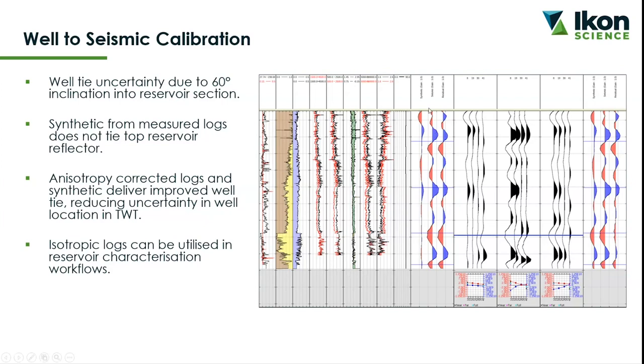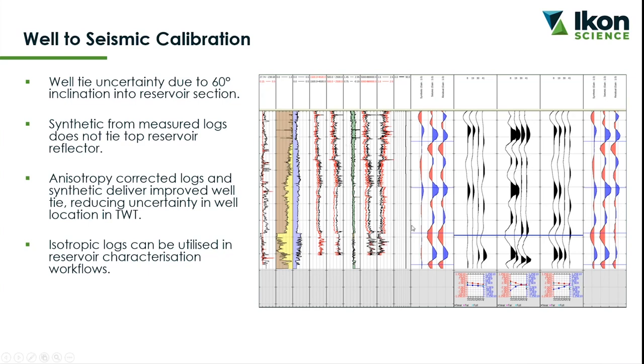So in this particular example, we performed the starting well tie using the measured logs, which gives us the synthetic, seismic and residual panel in the middle of the image on the right. And you can see at the top of the reservoir, there is simply no well tie. So we have significant uncertainty as to where to shift that well to tie it to the seismic, because we don't have check shots in these wells. It's not the norm to acquire check shots in appraisal and development wells. So what do we do? We have uncertainty.